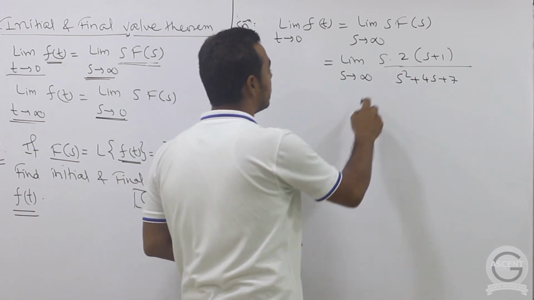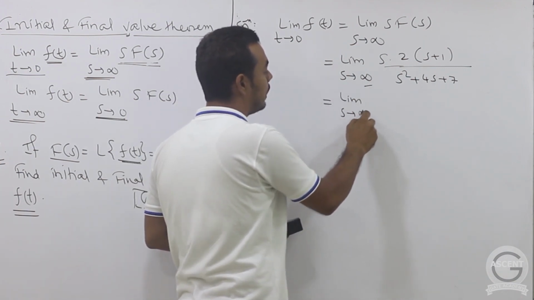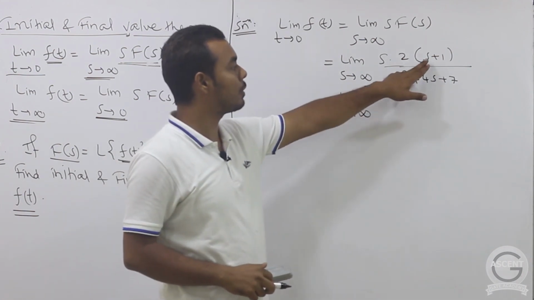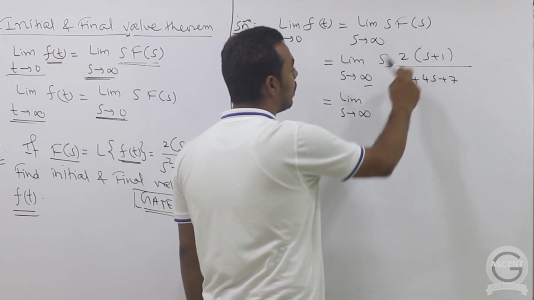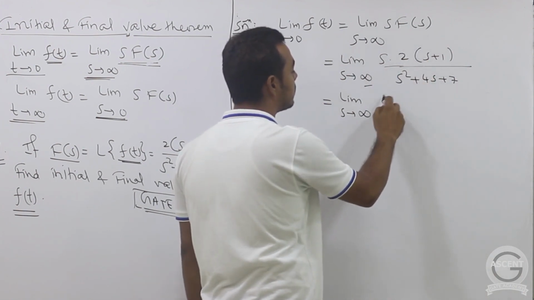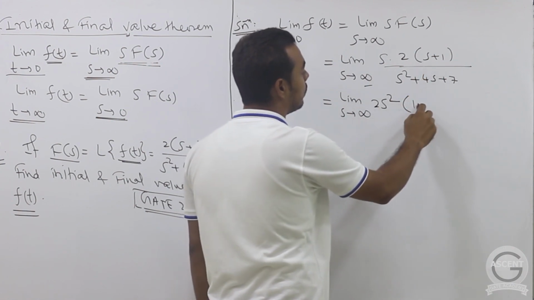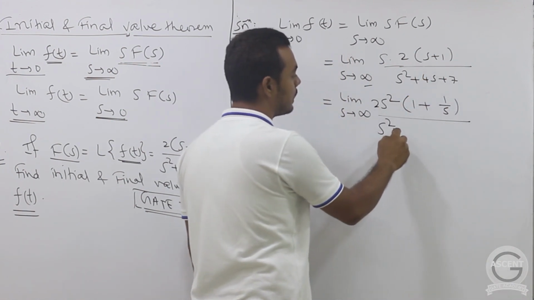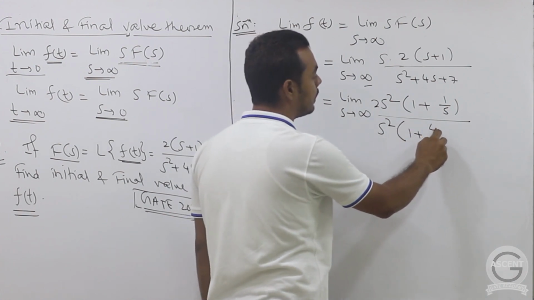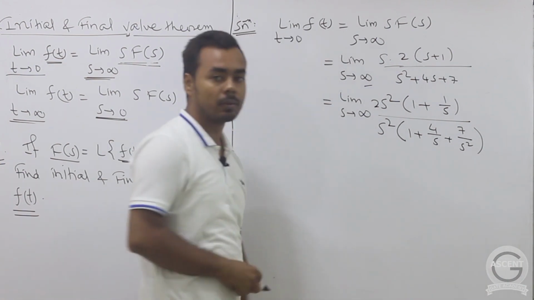Now we know that when s is approaching infinity, this is an infinity by infinity indeterminate form. So we have to take the highest power of s common from both numerator and denominator. So if I take s common from here, I will get s into s square, 2 is constant, I will get 1 plus 1 by s, and from the denominator if I take s square common, then I will get 1 plus 4 by s plus 7 by s square.